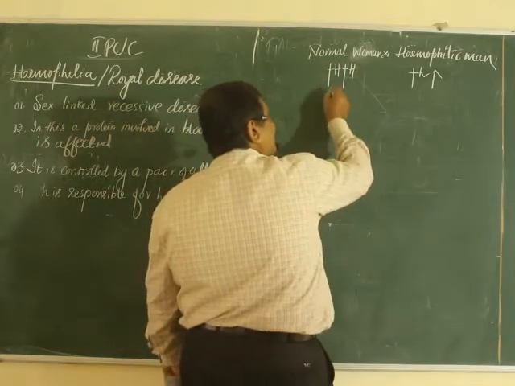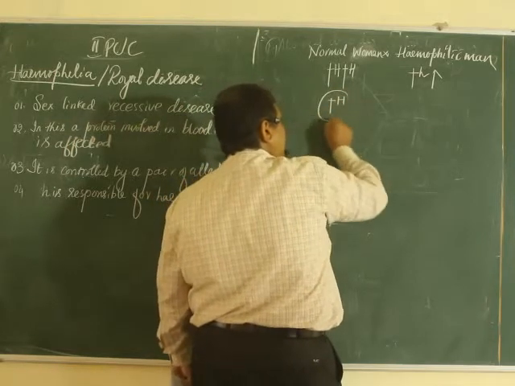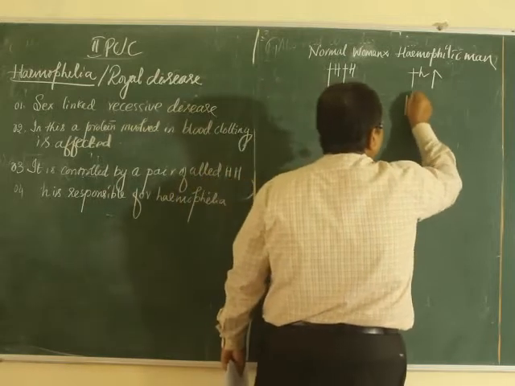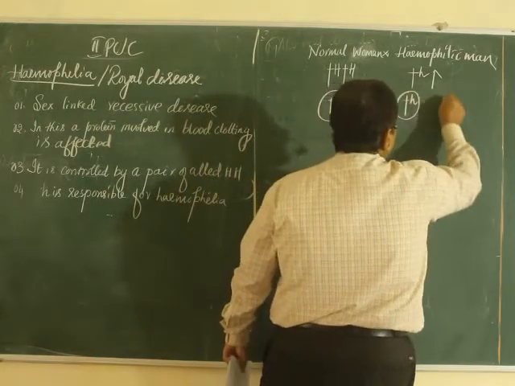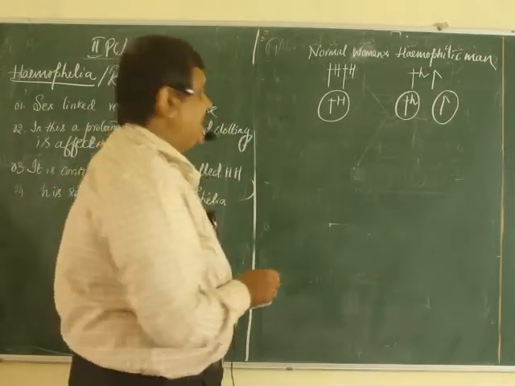How many types of gametes are formed here? In the woman, only one type, capital H. In the man, small h and Y, two types of gametes, because the male is heterogametic.